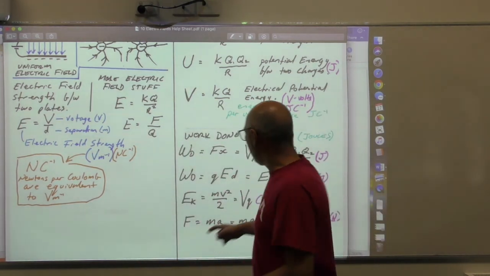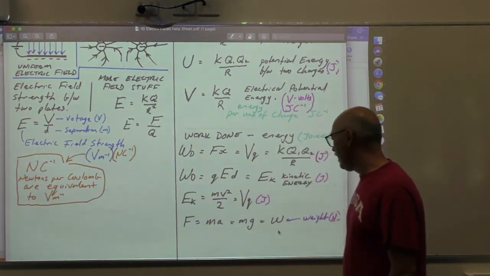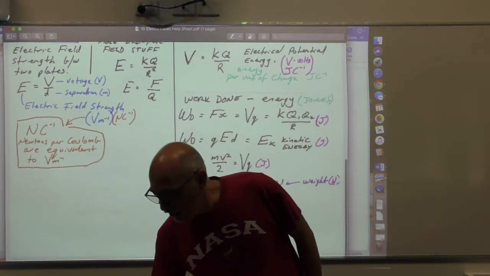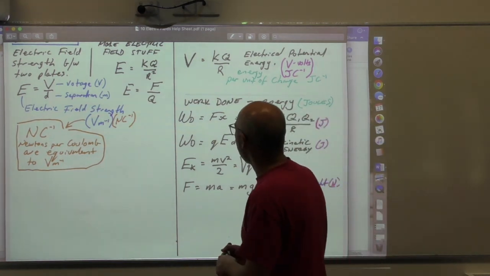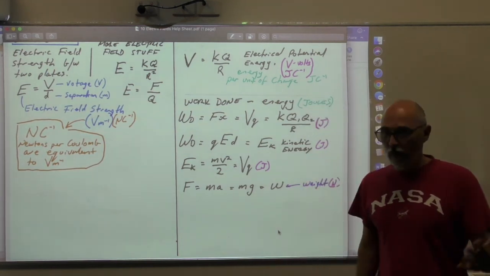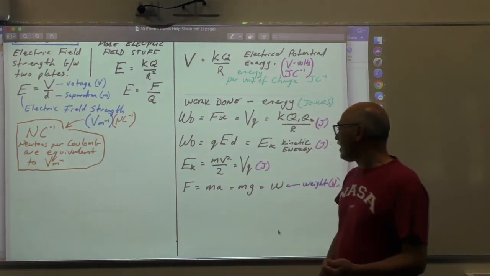All right? Now, the last part of the help sheet, F equals ma, which is mg. Okay, now here, this is, I think, the last thing I wrote on here, the most confusing, because you see here we have work done, and I've been careful to write down work done rather than just W, which they often did in the notes.